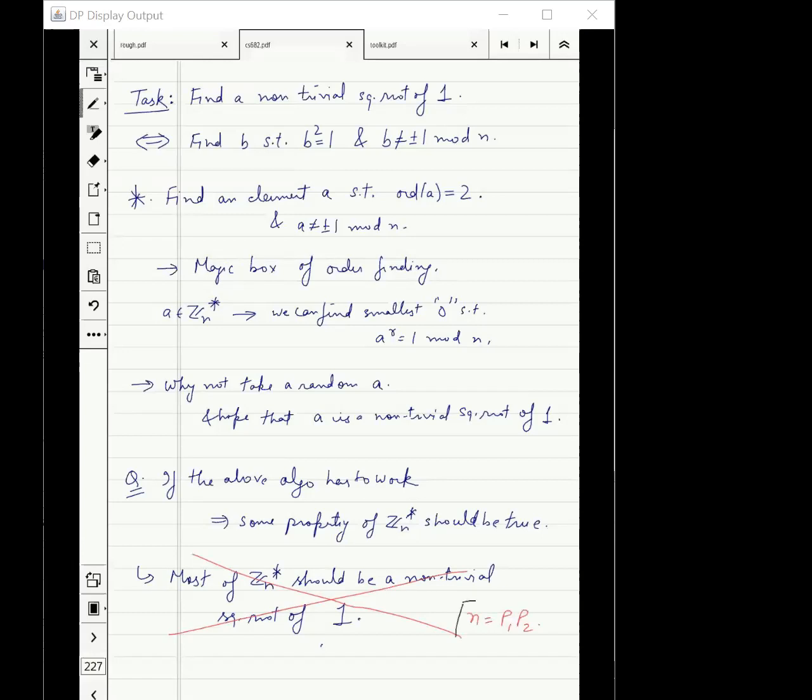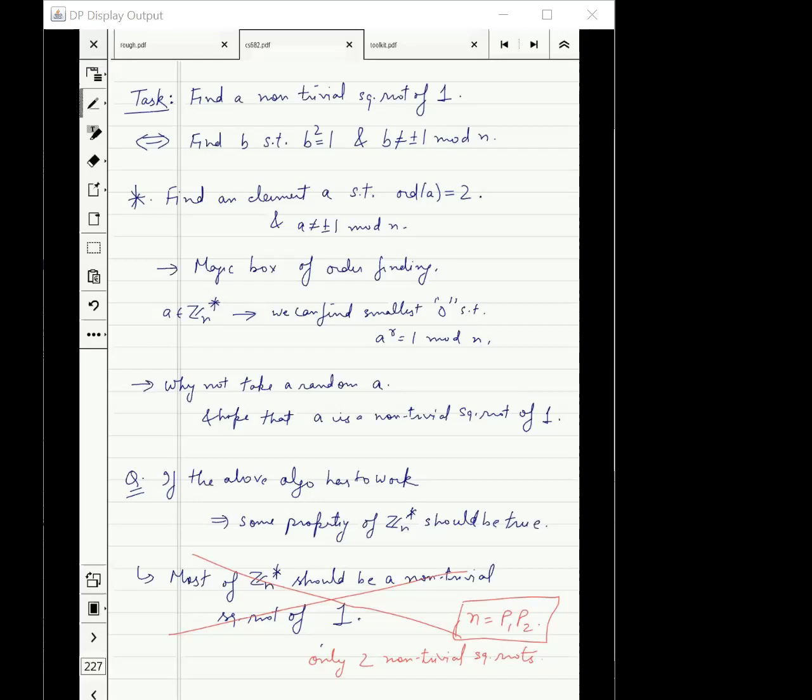You will see that there are going to be only 2 non-trivial square roots. I can take P1 and P2 to be very big. That means Zn star is going to be very, very large. Still, it is going to have only 2 non-trivial square roots. That means if I pick a random A, with very, very low probability, it is going to be a non-trivial square root. So our guess will not really work.